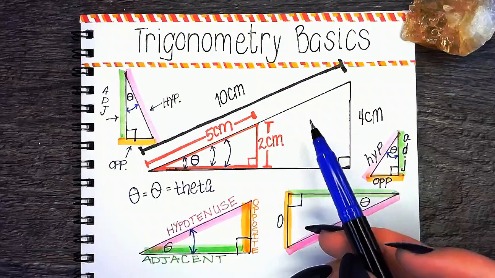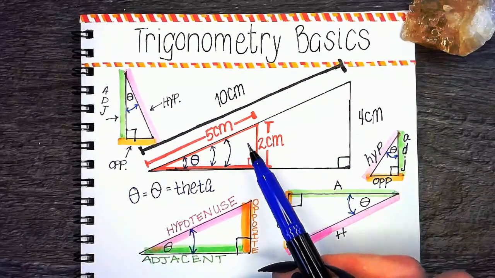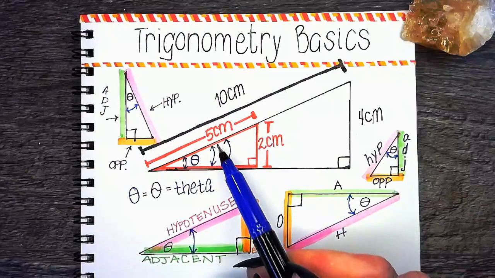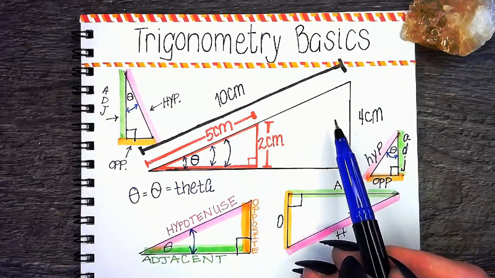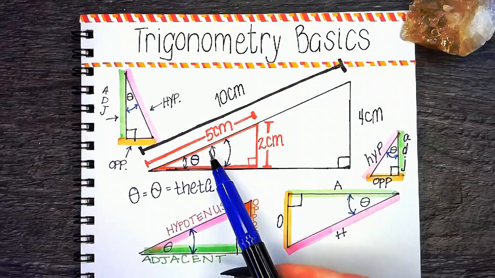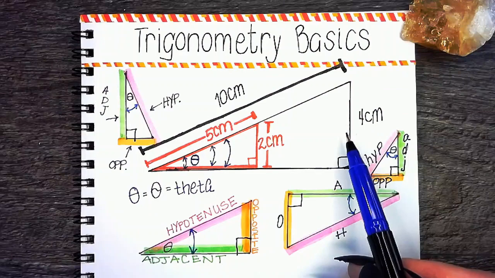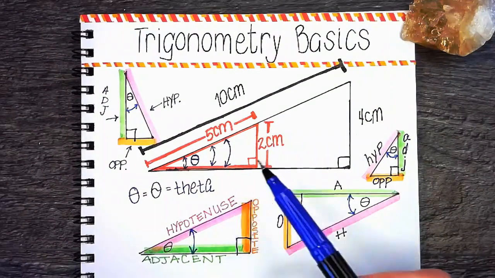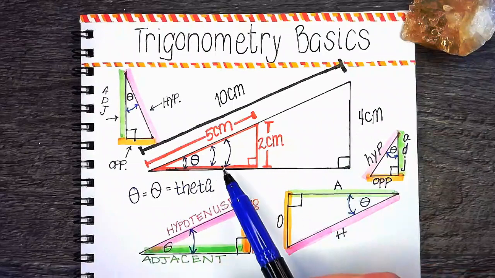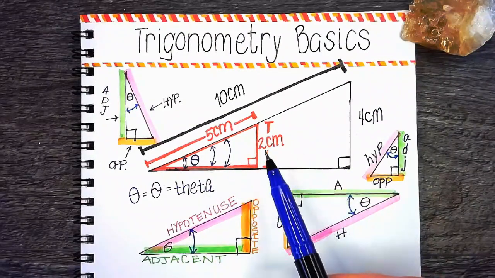Depending on how we phrase it, what is the scale factor from the red to the black? What do you have to scale the red triangle by to get the black triangle? That scale factor would be 2. If we were going from the black triangle to the red triangle, that scale factor would be 1/2.